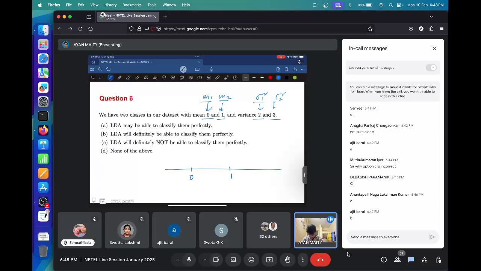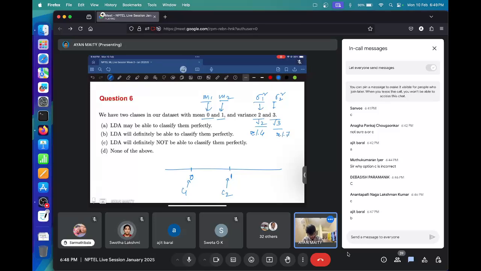So this is the center for the first class, this is the center for the second class, and variance values are given, but we have to work with standard deviation because that gives you the range within which most of the points would lie. So root 2 is the standard deviation for the first class, root 3 is the standard deviation for the second class. Root 2 is almost 1.4 and root 3 is almost 1.7.